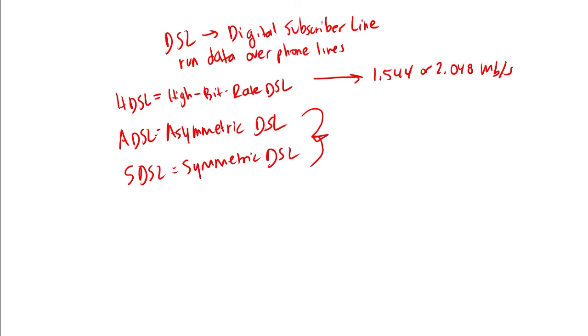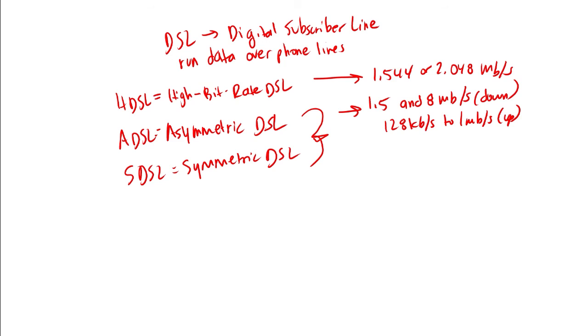And then ADSL can give us between 1.5 and 8 megabits per second down and 128 kilobits per second to 1 megabit per second up. And SDSL can give us 6 megabits per second.